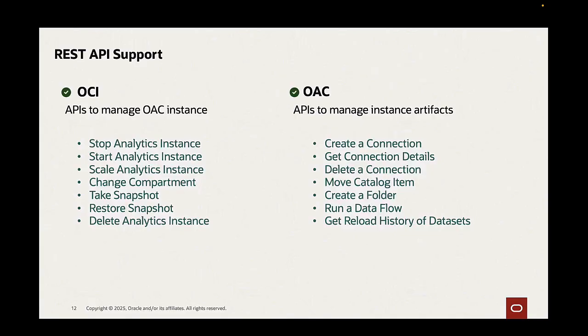And you'll see here on the screen the differences between the two: the OCI centric APIs and then the OAC specific APIs, and what different actions you can do with these. This is just important to know from an administrator standpoint for any changes you're making towards the platform.